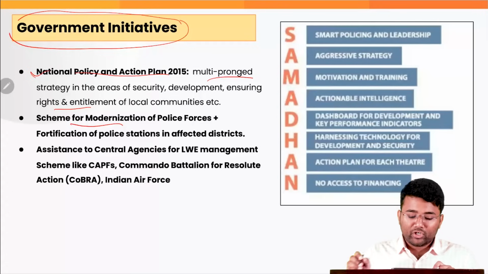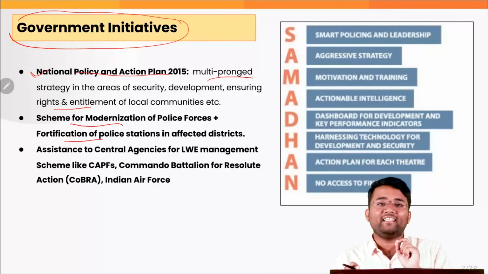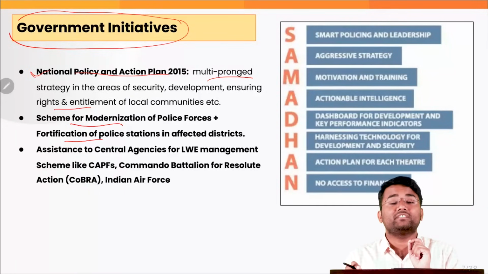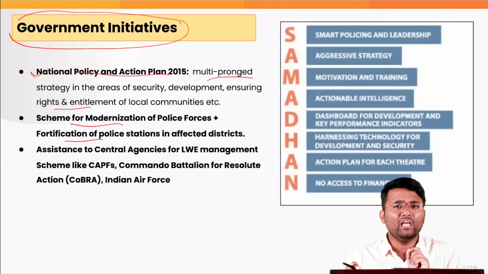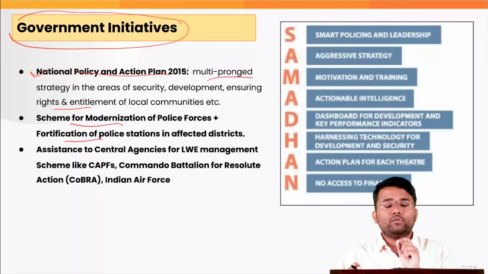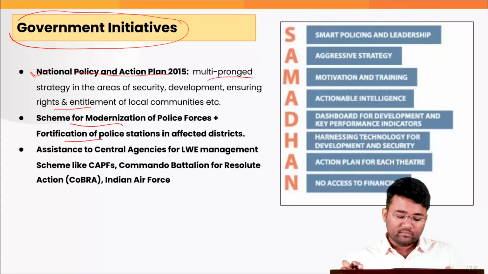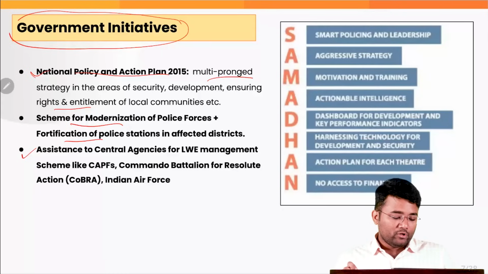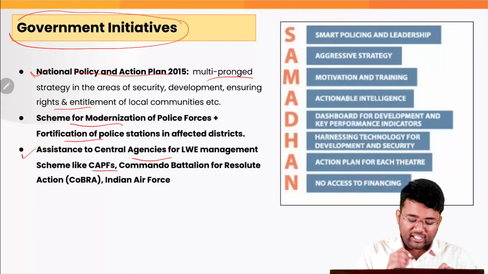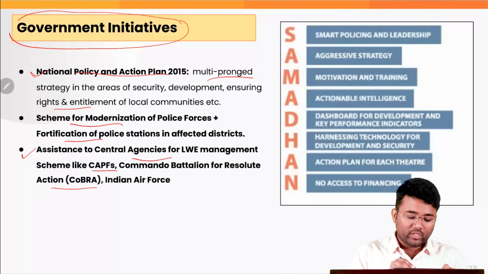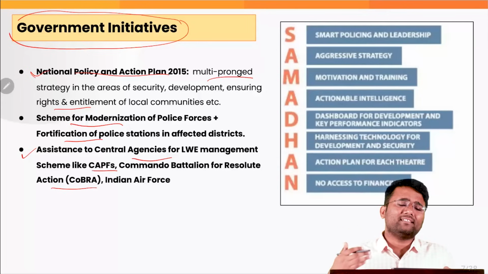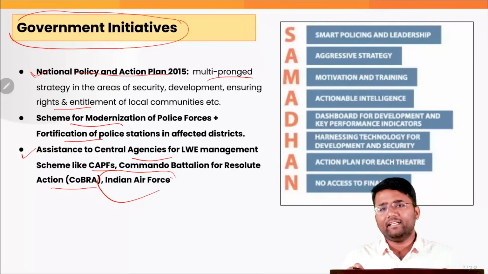Then the scheme for modernization of police forces and fortification of police stations in the affected districts, so that law and order can be ensured and our security forces do not get affected by attacks from left-wing extremists. Also, assistance to central agencies for left-wing extremism management, schemes like the CAPF's Commando Battalion for Resolute Action, COBRA, and various other help has also been given by the Indian Air Force.